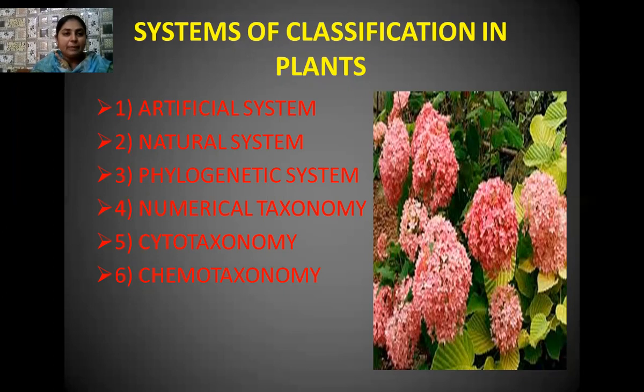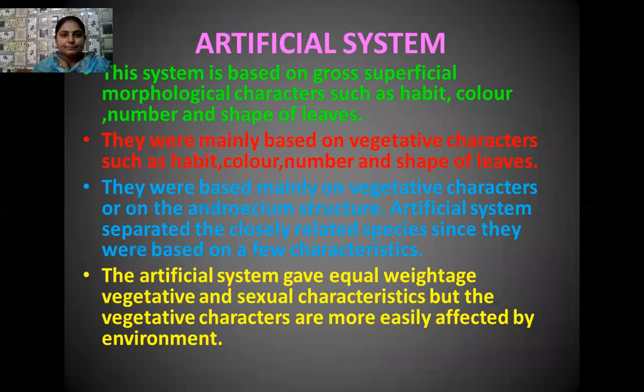But besides this, plants also produce certain chemicals which play a significant role in the defense mechanism of the plants, and these are known as secondary metabolites. So this branch of taxonomy is based on these chemical constituents which are produced by different plant species.